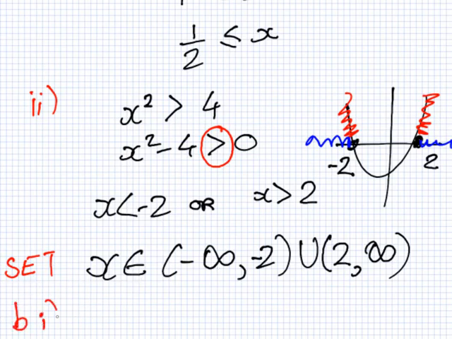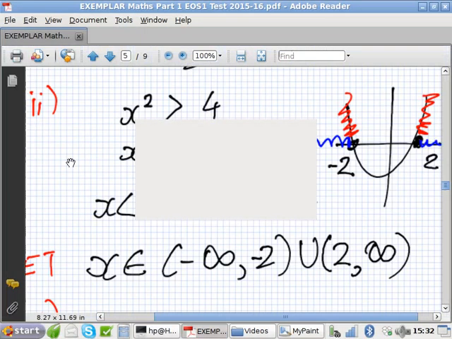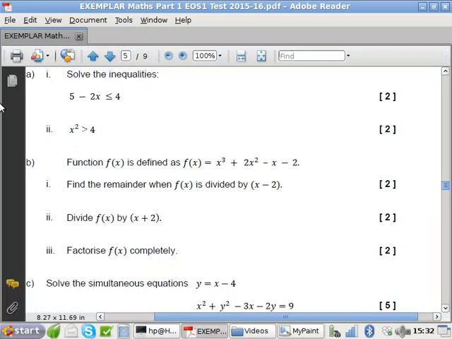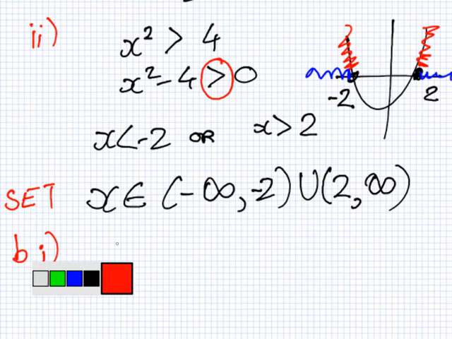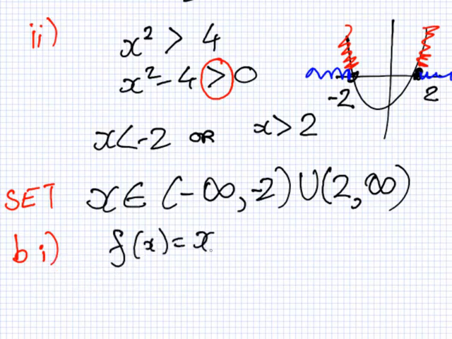B part 1 now. They give you a cubic, and you want the remainder when you divide by x minus 2. Okay. Can you just give me the cubic? f(x) equals x cubed... minus 2.